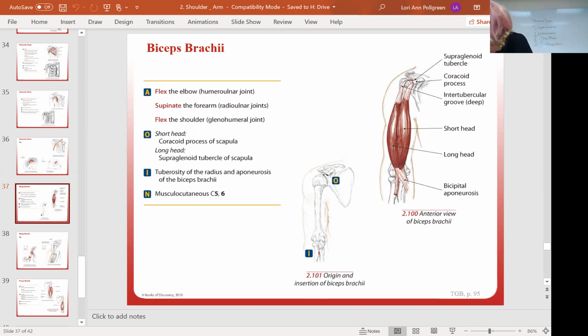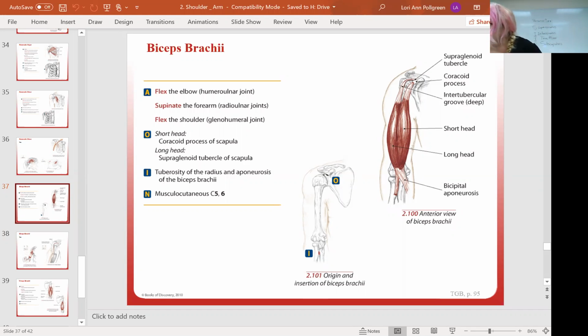It has a long head and a short head which merge to form a long oval belly, and the tendon of the long head passes through the intertubercular groove of the humerus. That's why we sometimes call it the bicipital groove. And if you look in that picture, you can see it comes up on that long head and then attaches to the supraglenoid tubercle, which is on the scapula.